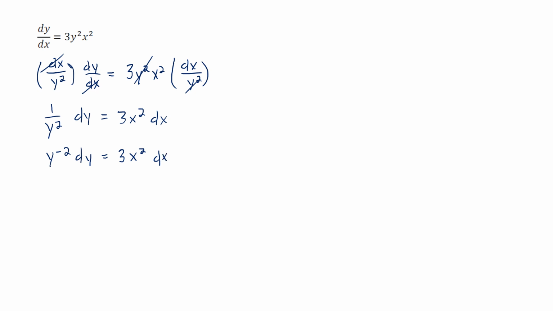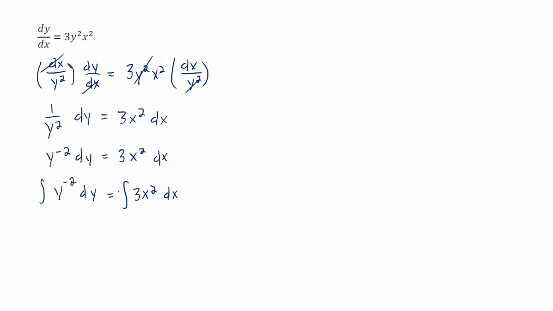Okay, so next I'm going to take the integral. So y to the power negative 2 dy. It looks like a minus 2, doesn't it? So I'm going to fix that because that can be confusing. So to the power negative 2 dy, and then I'm going to integrate 3x squared dx. Okay, great.